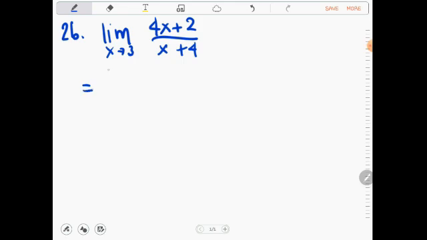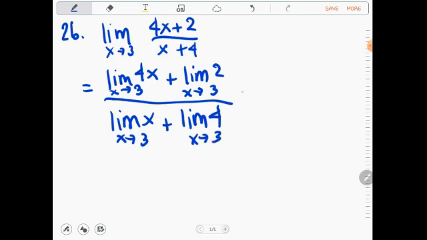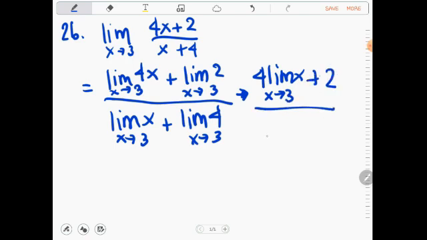And this would be equals to limit of 4x as x approaches to 3 plus limit of 2 as x approaches to 3, all over yung limit of x as x approaches to 3 plus limit of 4 as x approaches to 3. Ito yung process. Then after that, pwede natin siyang isimplify into 4 limit of x as x approaches to 3 plus 2 all over yung limit of x, pwede na natin siyang eliminate, di ba? To x plus 4. Kasi ito ay magiging din siyang x.